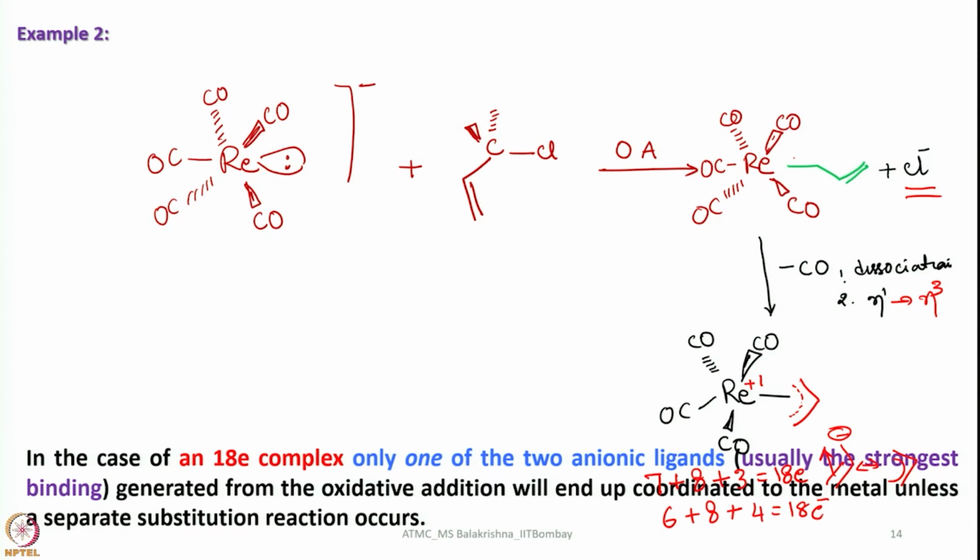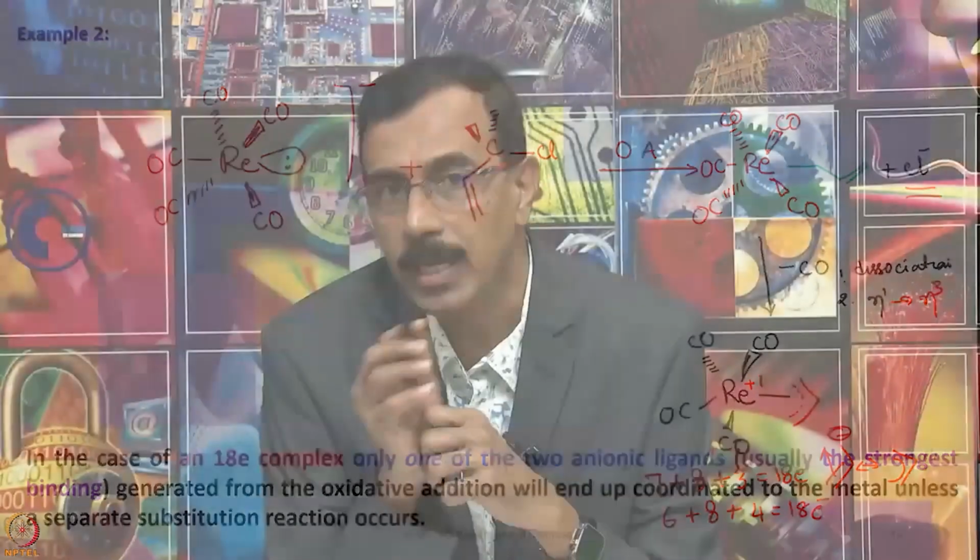Because rhenium has a pair of electrons there, and if the electron is taken, it becomes a carbocation, C plus and Cl minus. So, that is the reason it immediately abstracts the pair of electrons. At the end it appears like both of them are anionic and both of them are taking 1 electron each from the metal center. So, these are typical examples where you can see how an 18 electron complex undergoes oxidative addition reaction to give the desired product.